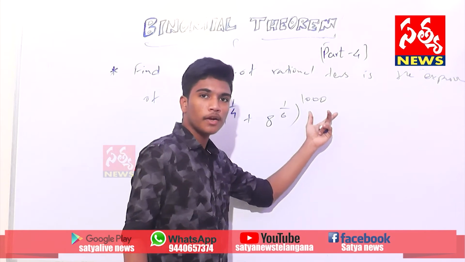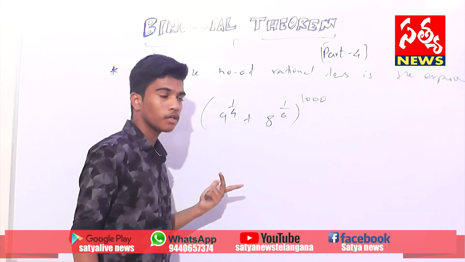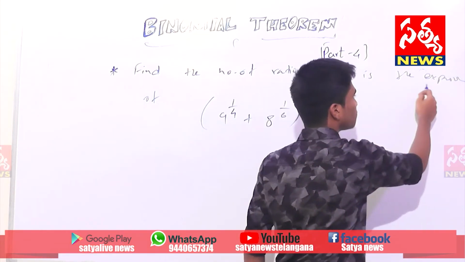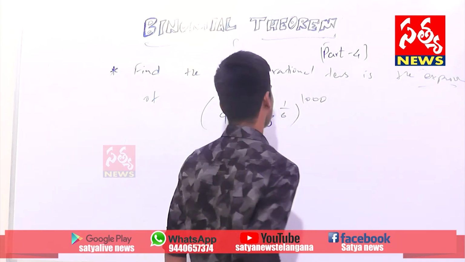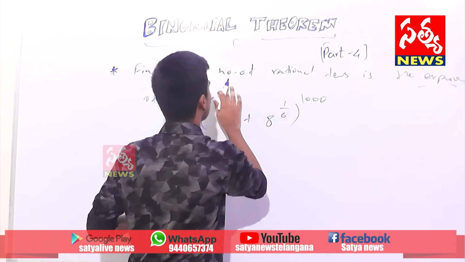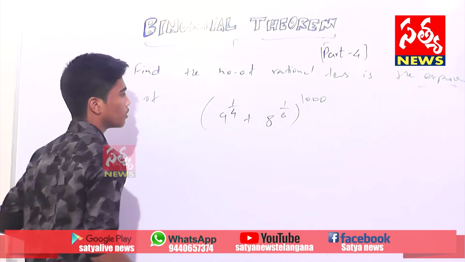We get confused and leave the question by seeing the power. 1000 is a big term, right? But here there is no need of expanding. They just asked how many rational terms are there in this expansion.